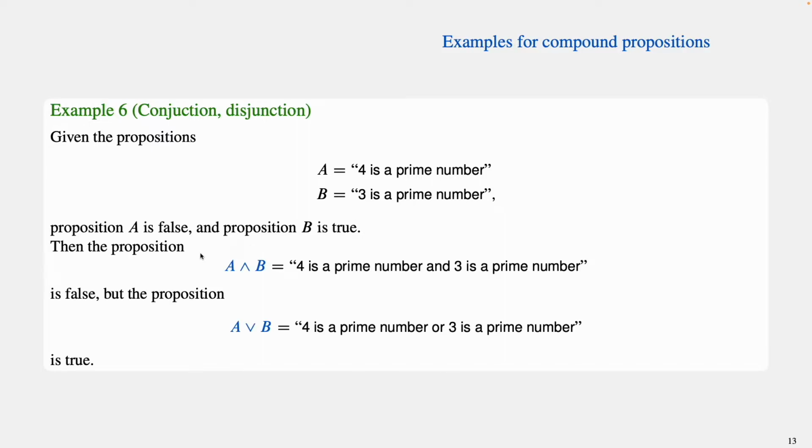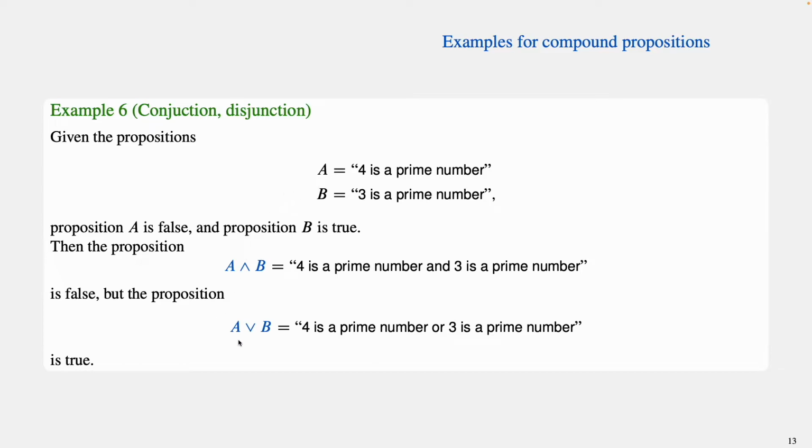And then we can combine them. So A and B, 4 is a prime number and 3 is a prime number. That amounts to saying that both of them are prime numbers, and that is not correct because we know 4 is not a prime number. So A and B is false because one of the two component propositions, in this case A, is false.